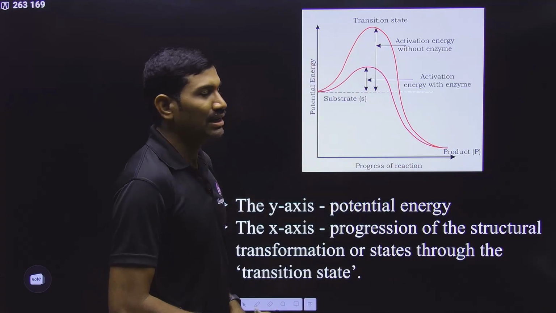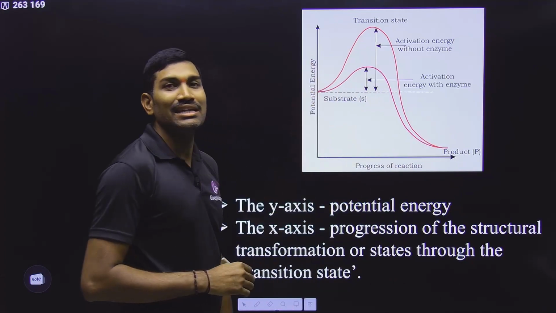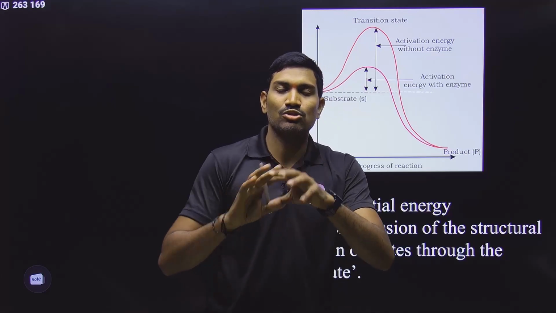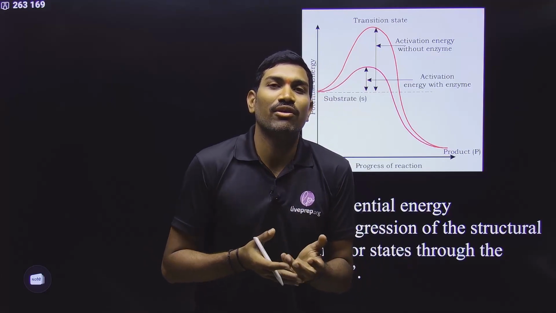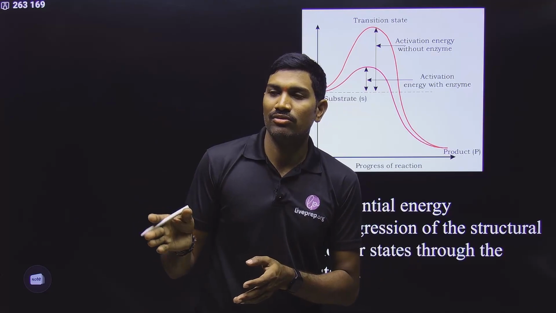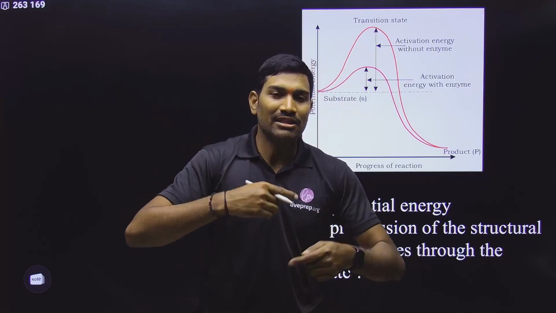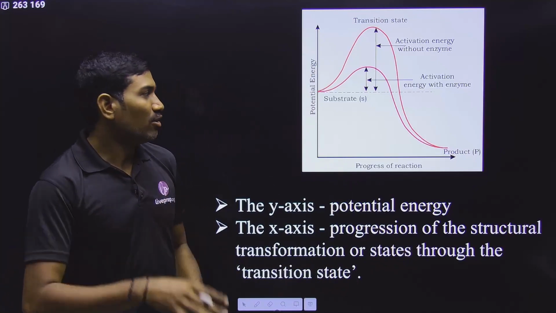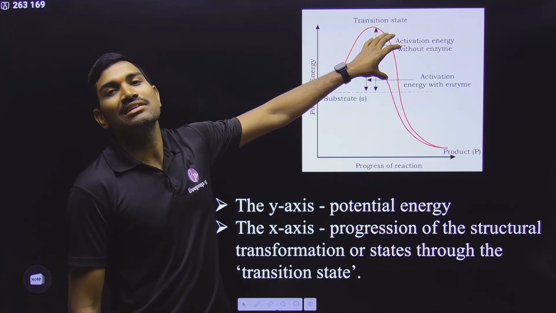So in this process, first the substrate interacts with the enzyme, so that an enzyme substrate complex is produced, and slowly some intermediate forms are formed. There is breakage of old bonds and formation of new bonds, and sequentially some products are formed. All these things are called altered states.